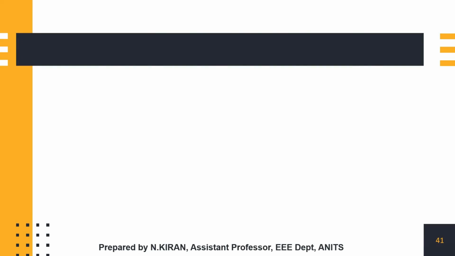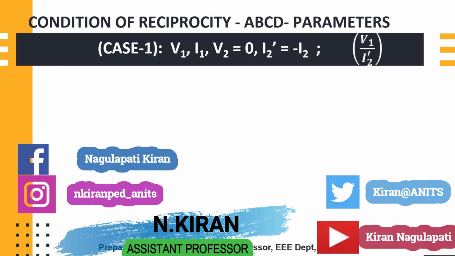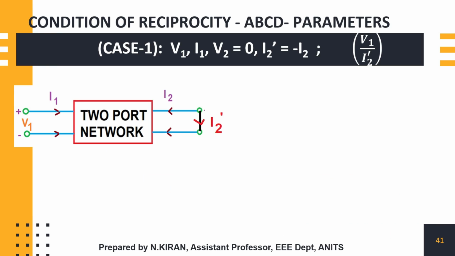So next is the ABCD parameters. First let me consider the excitation at the input port and response at the output port. Since response is considered at the output port, we'll get the condition V2 is 0 and I2 to be minus I2 dash.